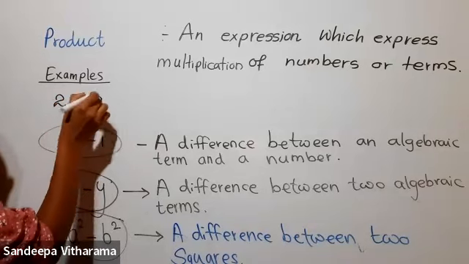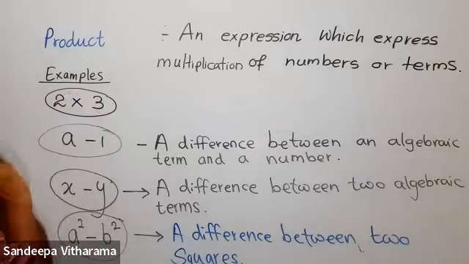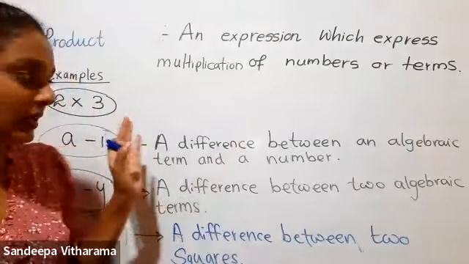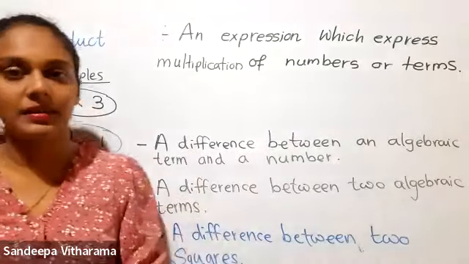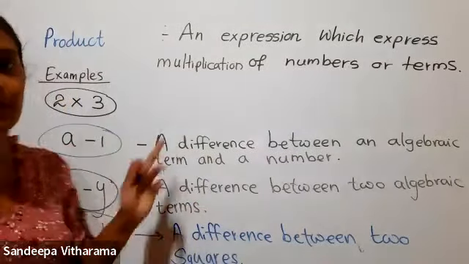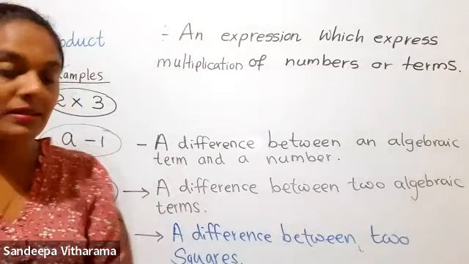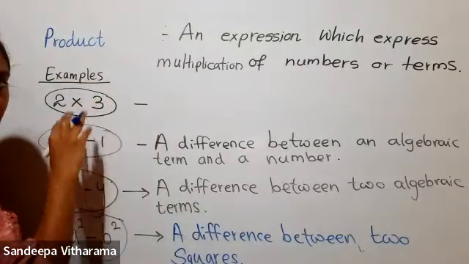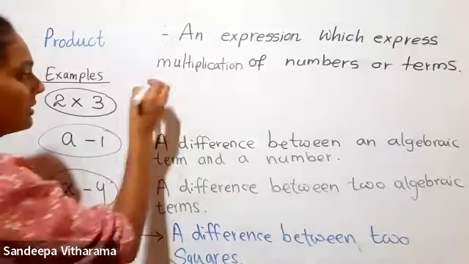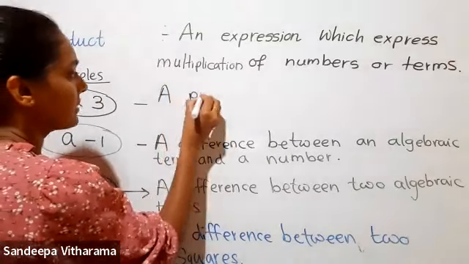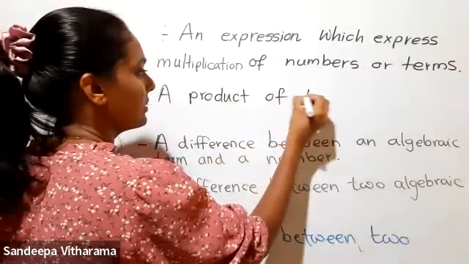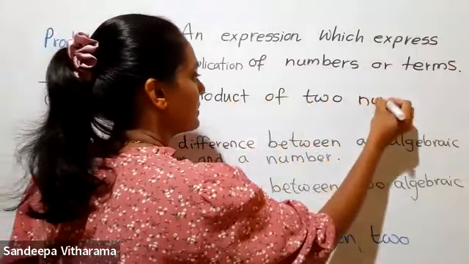Actually, here there are no such kind of expressions when it comes to the product, okay, because we can obtain an answer for 2 into 3, it is 6. Okay, so anyway, if I need to express this, what is this one? We can say it is the product of two numbers.